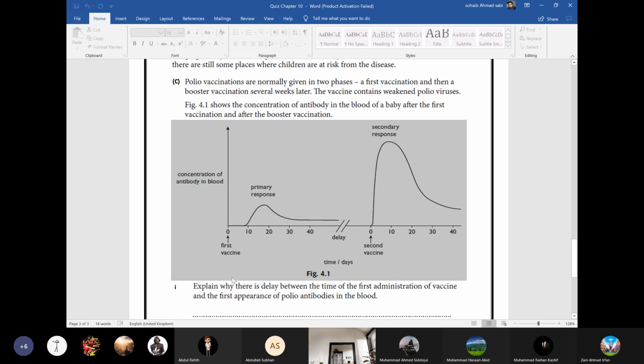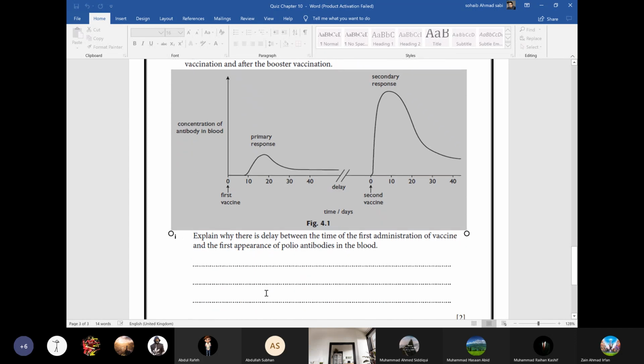Now, the question is, explain why there is a delay between the time of the first administration of the vaccination and the first appearance of the polio antibodies in the blood. If you see this graph, the first vaccine was given on day 0 and it took 9 days for antibody production to start. Right, boys?